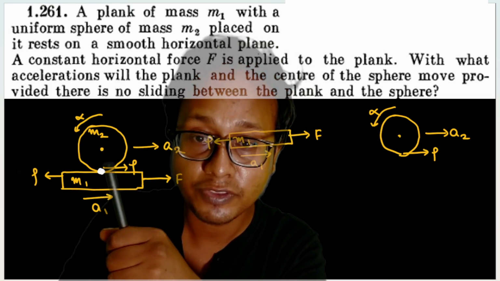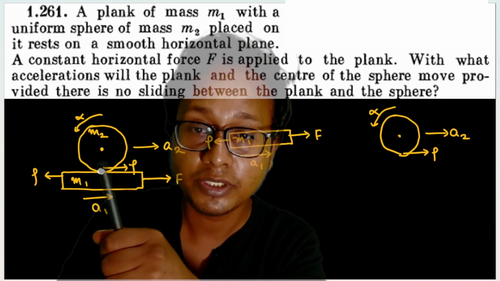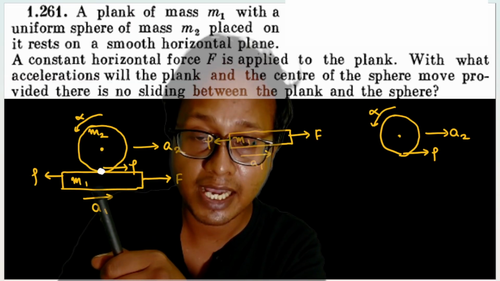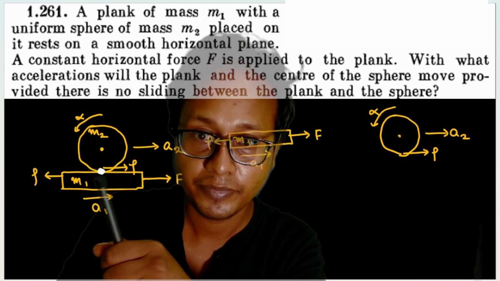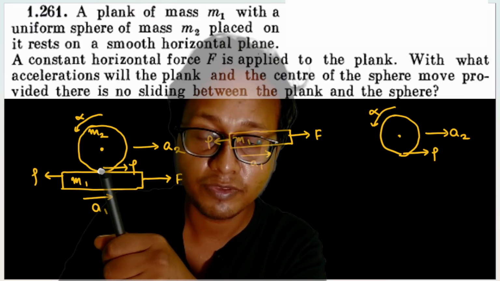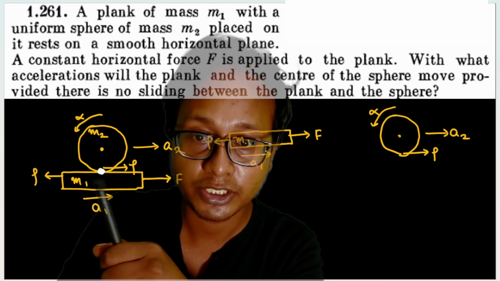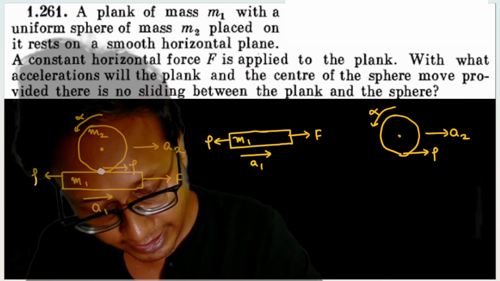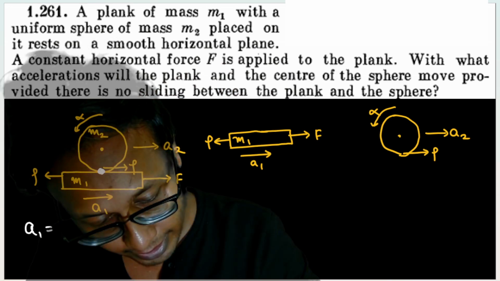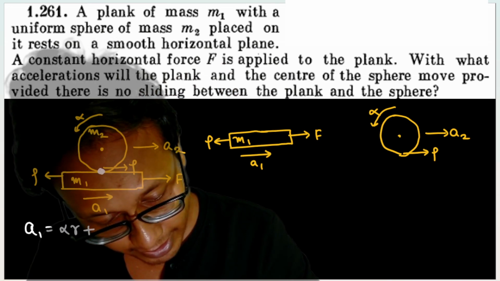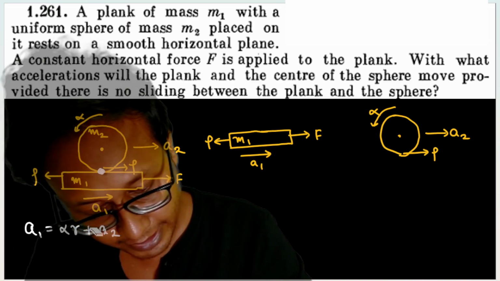And the acceleration of this point is equal to a1. Why? Because the sphere and the slab don't slip over each other. There's no case of slipping. So the acceleration of this point for the sphere equals the acceleration of this point for the slab. So I can easily say a1 is equal to alpha r plus a2.